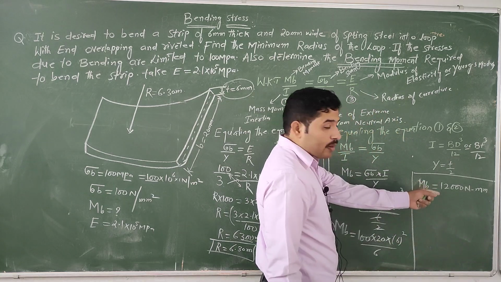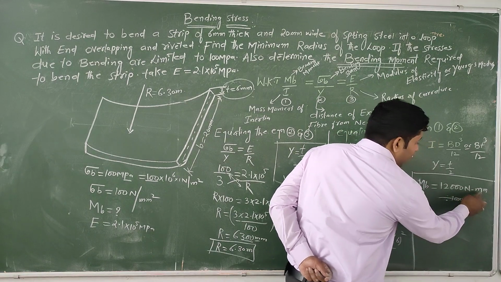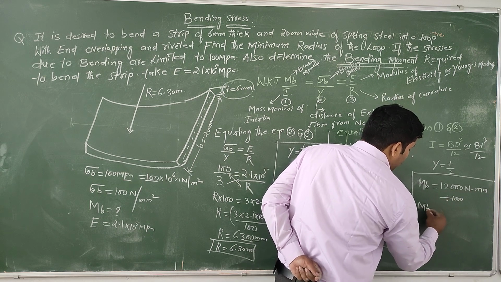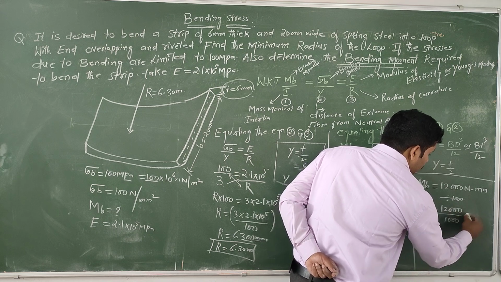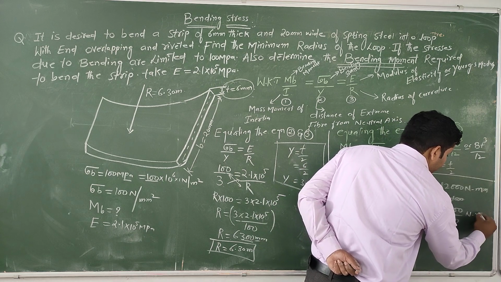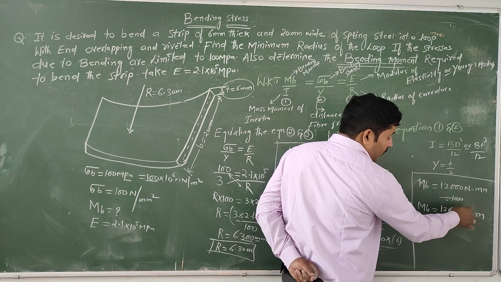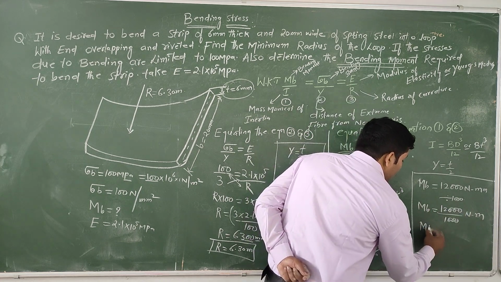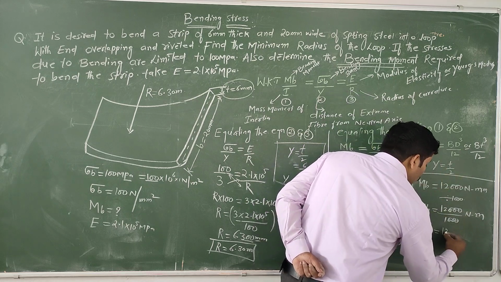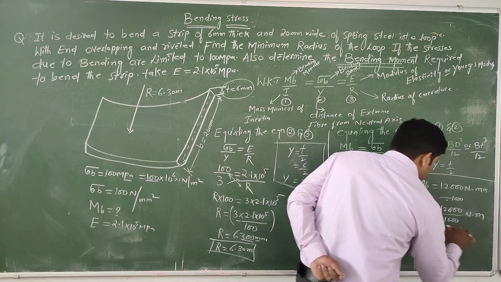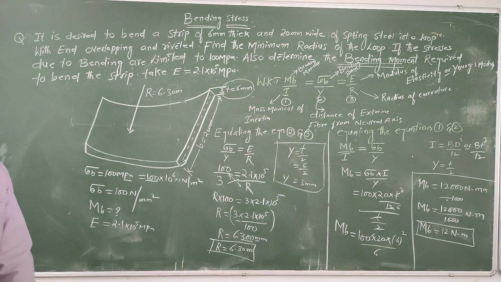MB equal to 12,000 by 1000 Newton meter. This 000 and 000 will cancel. The remaining is MB equal to 12 by 1, which is 12 Newton meter. That is the value of the bending moment. The bending moment value is 12 Newton meter.